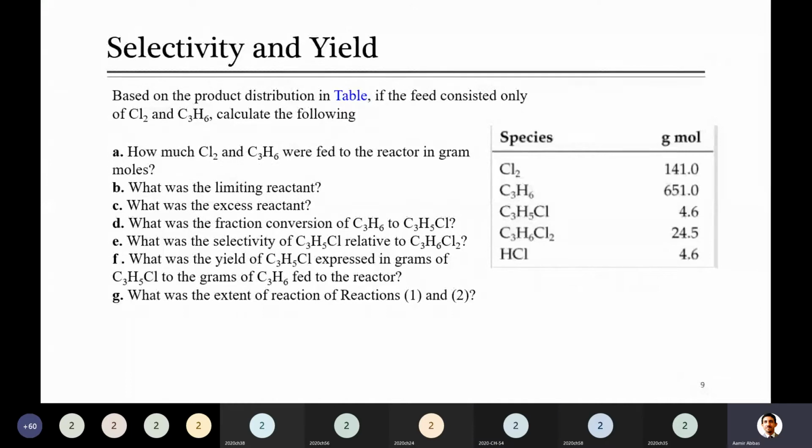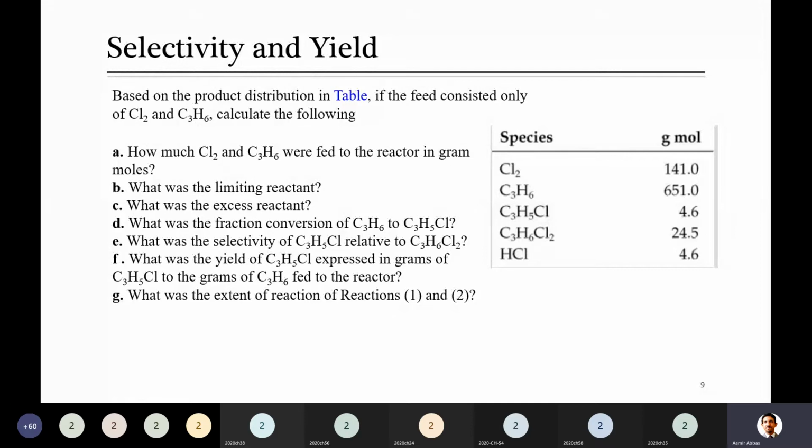Yes, maximum extent. Everyone should be attentive before we discuss this. In the last lecture, I told you that you can find the limiting and excess reactant based on the criteria which you studied earlier. Most of the time you have only one reaction, and you can easily see which one is limiting based on the ratio of moles compared with the stoichiometric equation.